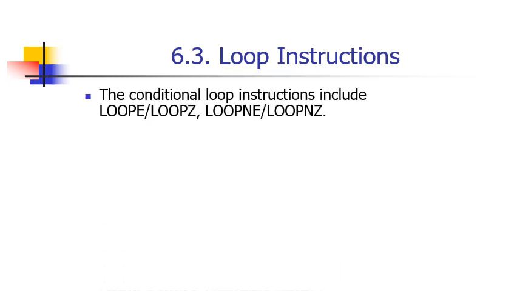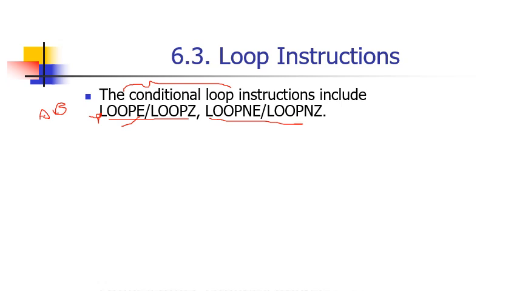The conditional loop instructions are these instructions. You loop if equal. You have two numbers. If these two numbers are equal, you check, you go to the start and do one more iteration. You loop.